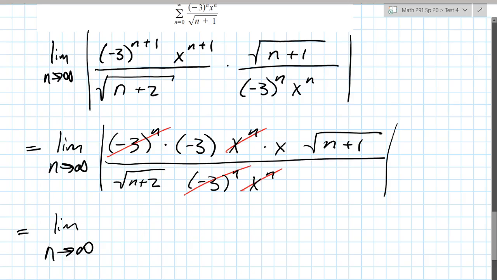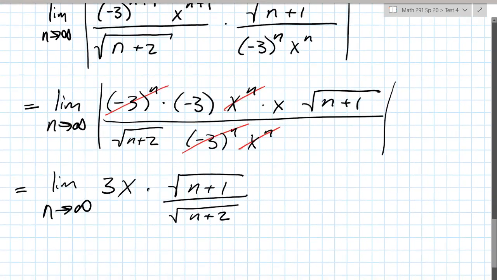-3 and x, I'm going to write those out front. -3x. Oh, it's positive now because I took the absolute value, times the square root of n plus 1 over the square root of n plus 2.